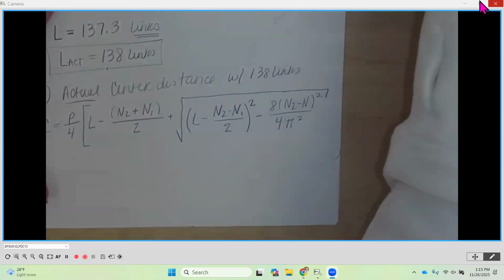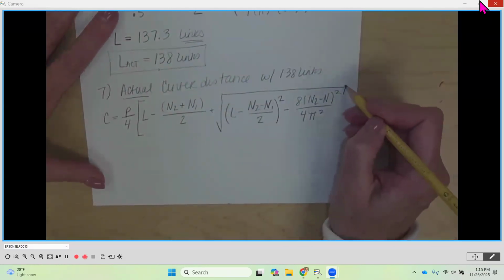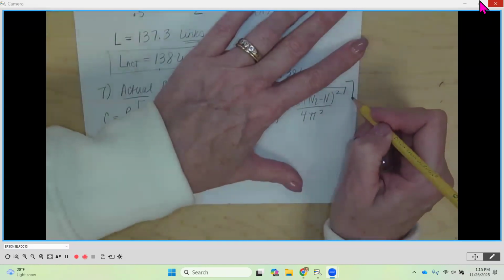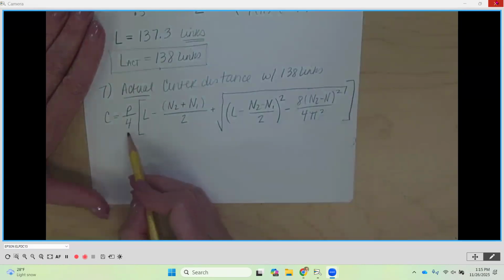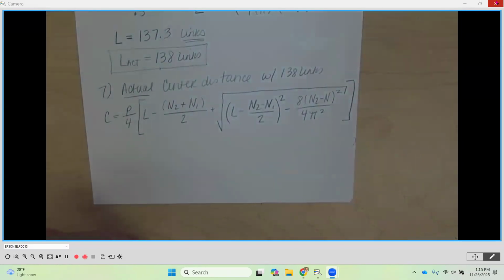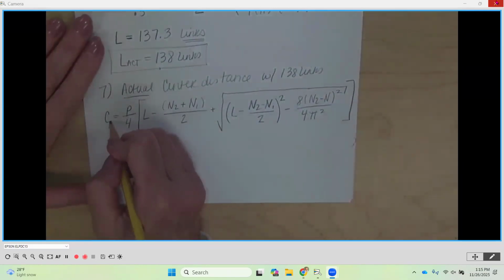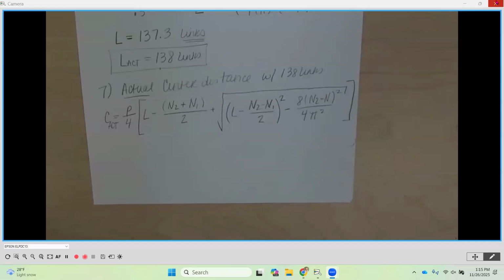There we go. And then this is our bracket around there. So you have to do all of this underneath here and then multiply by the pitch divided by 4. And that will be our actual center distance.